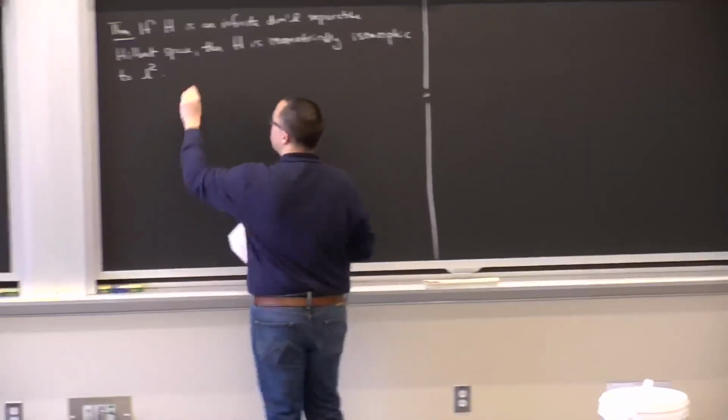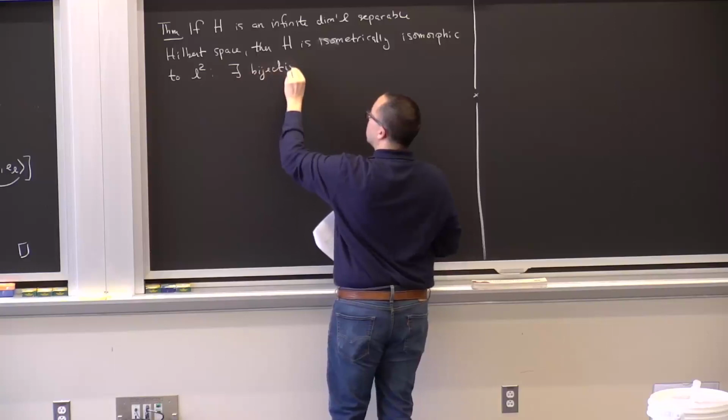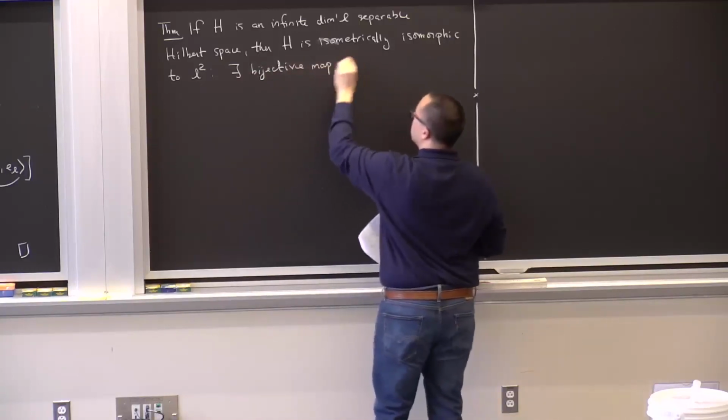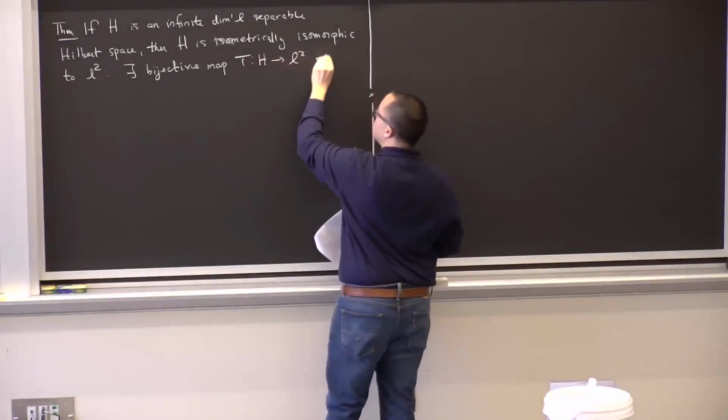Meaning there exists a bijective map T going from H to little l2.